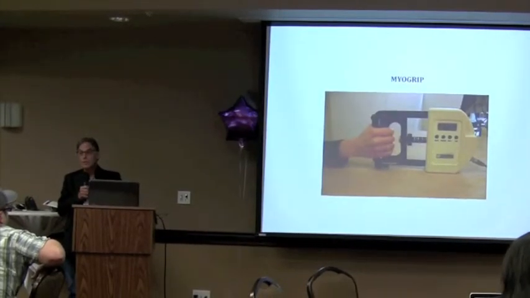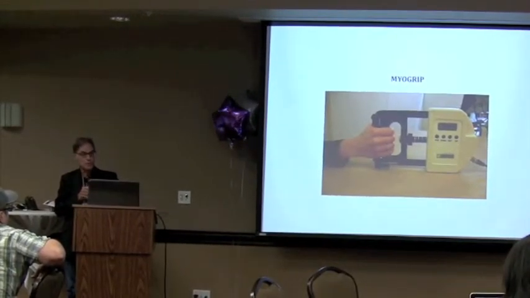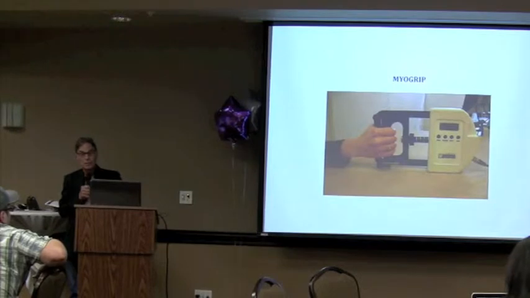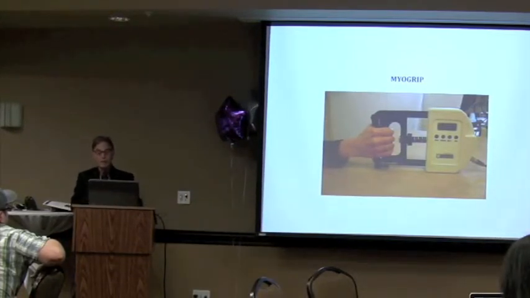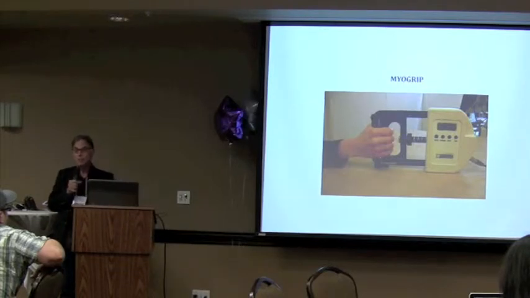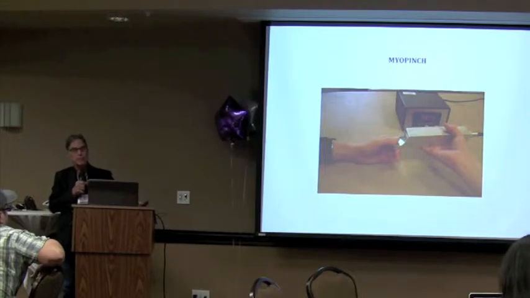So for those of you who didn't see the tools that Laurent has proposed using in our studies, and I think these look like great tools, here they are. One is the MyoGrip, which not surprisingly measures grip strength. The other is MyoPinch, which measures pinch strength.